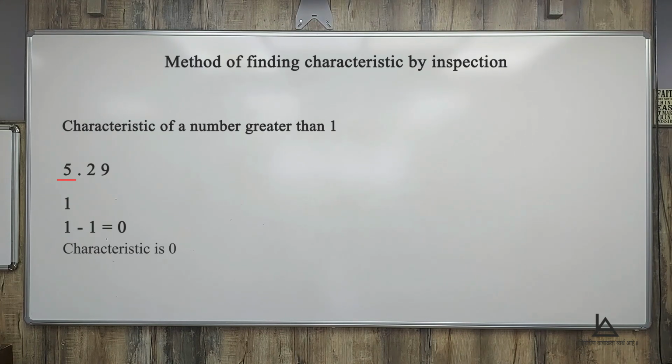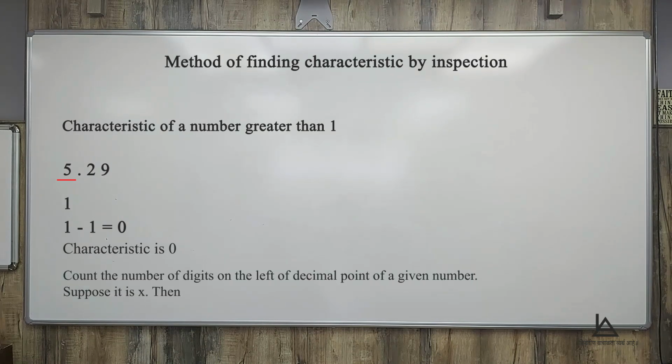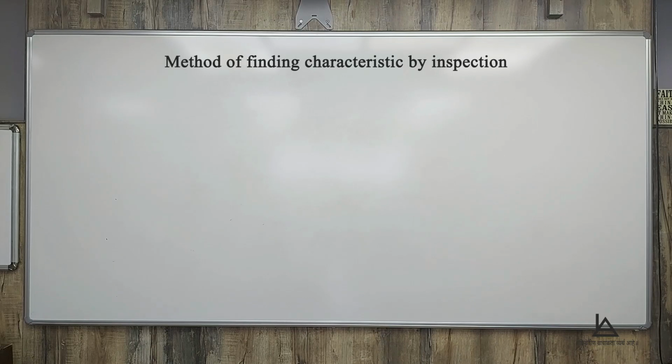Thus, as a general rule, we can say: count the number of digits on the left of the decimal point of a given number. Suppose it is x, then the characteristic of that number is x minus 1. Let's try to find out the characteristic of a positive number less than 1.